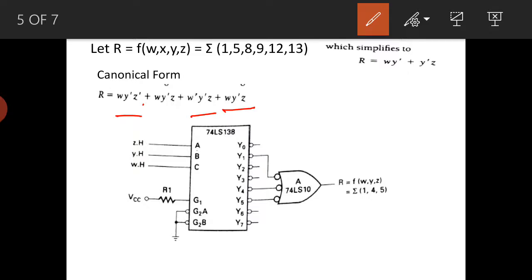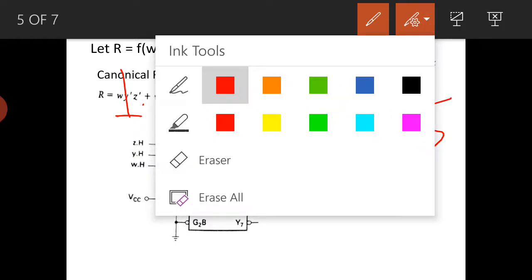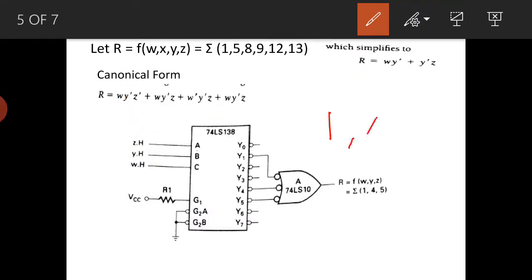That is, the first one is 4, that is 1 0 0, the next one is 1, and one more is 5. So we can write in ascending order 1 4 5 as the minterms.